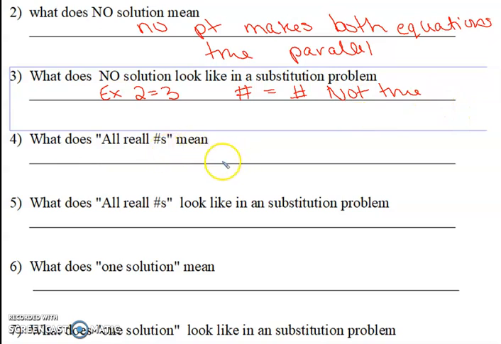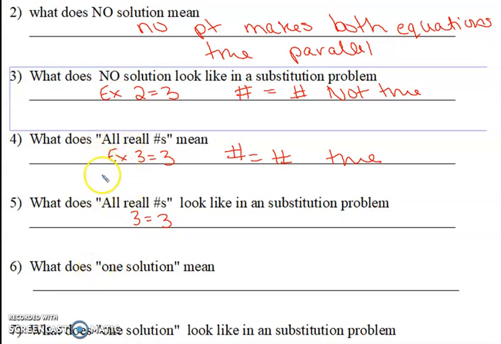What does all real numbers mean? Number equals a number, but it is true. Example, 3 equals 3. That's true all the time, right? What does all real numbers look like in a substitution problem? Whoops. That would be the 3 equals 3.